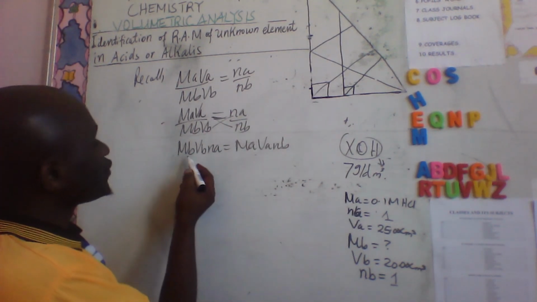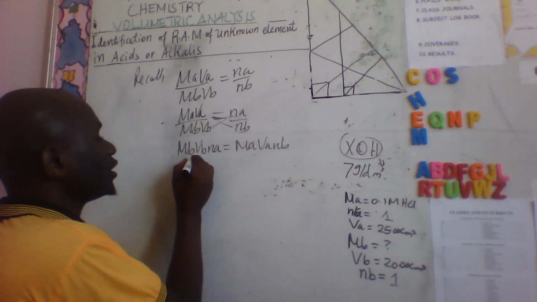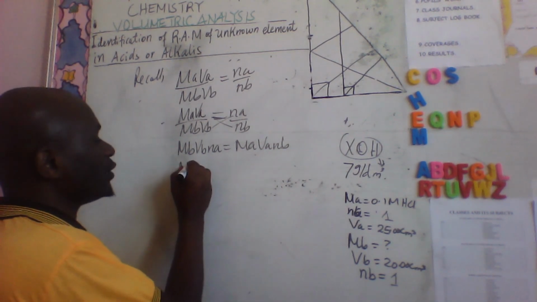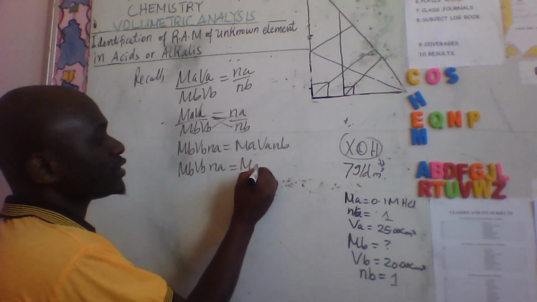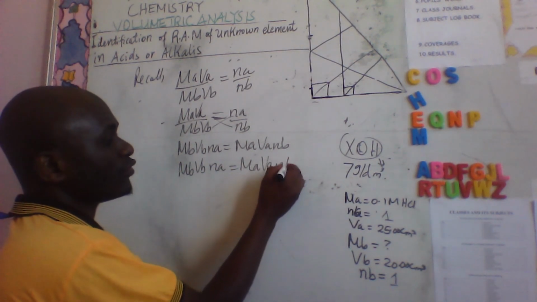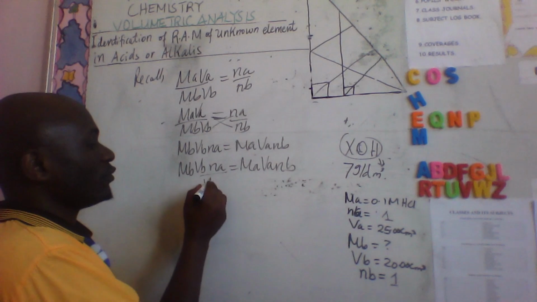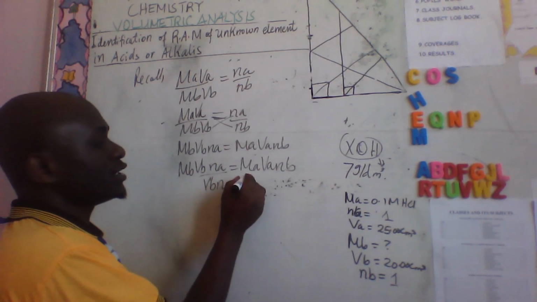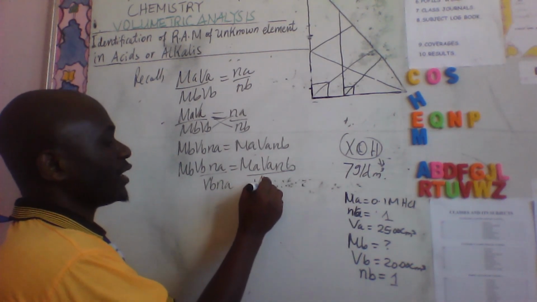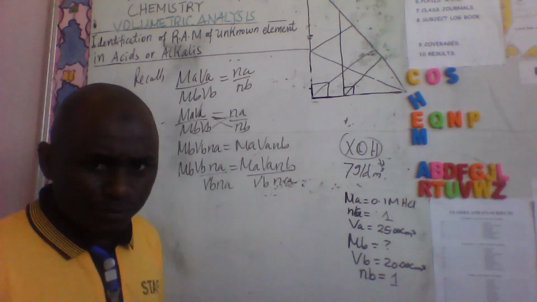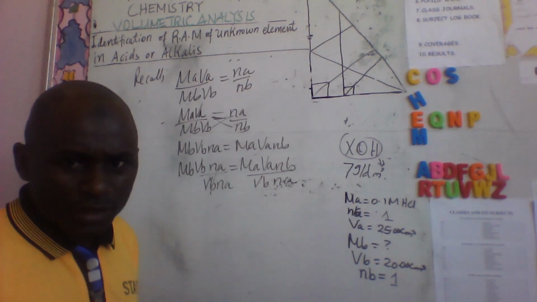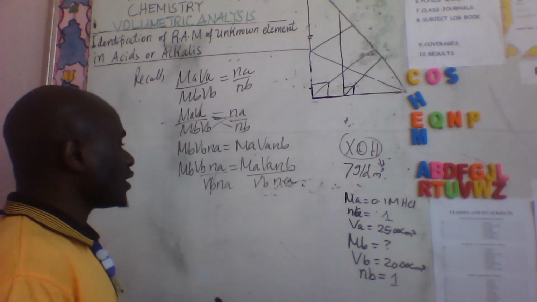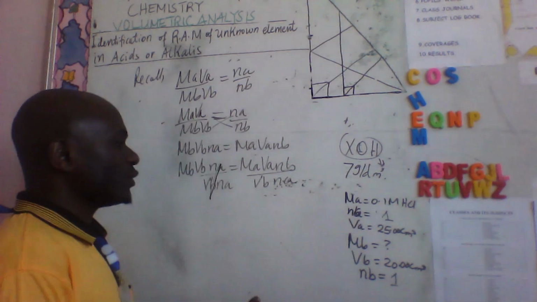Dividing both sides by volume of base and number of acid, these cancel.